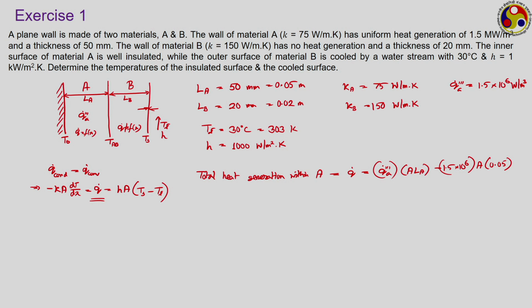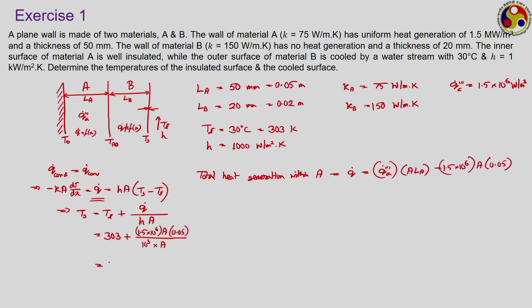So, we can easily calculate the total value of Q dot, and once we take it back here, then we have an estimate of Ts as equal to T infinity plus Q dot upon H into A. So, T infinity in this case is 303 Kelvin plus Q dot, which we have got to be 1.5 into 10 to the power 6 into that area into thickness of block A, and the convective heat transfer coefficient here is given as 10 cube into A.